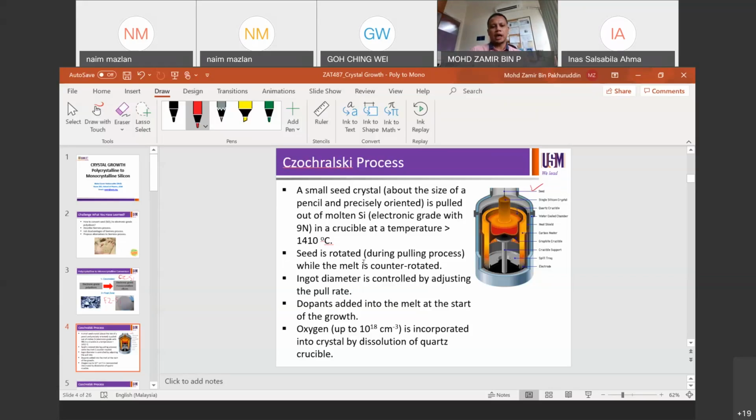Then dopants are added into the melt at the start of the growth. So if you want to grow P-type silicon, then we're going to need to include boron into the melt at a certain level so that you end up with a certain doping level on the wafer.